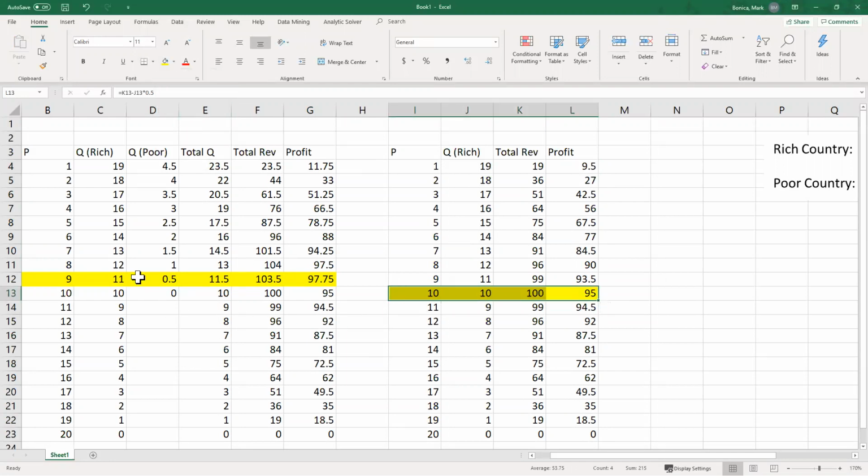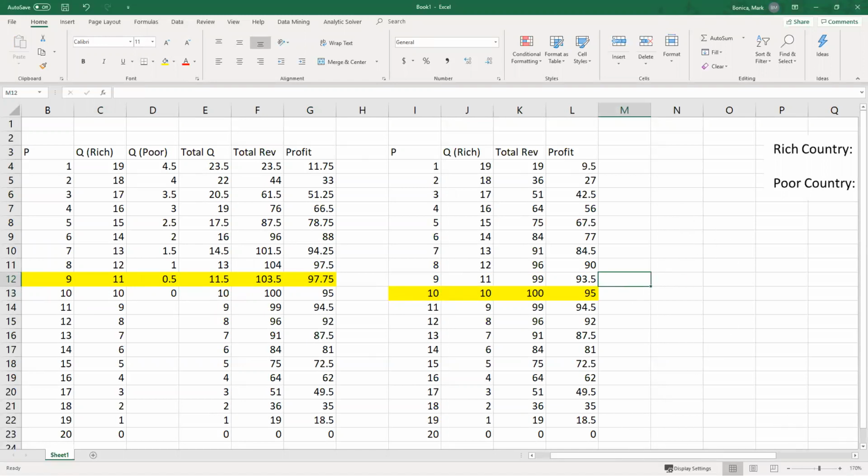So they're actually going to sell a little less, but at a higher price, right? So where they were not discriminating between the rich and the poor country, they were going to sell 11 units in the rich country at a price of 9. Now they'll sell 1 less unit to the rich country and at a slightly higher price.